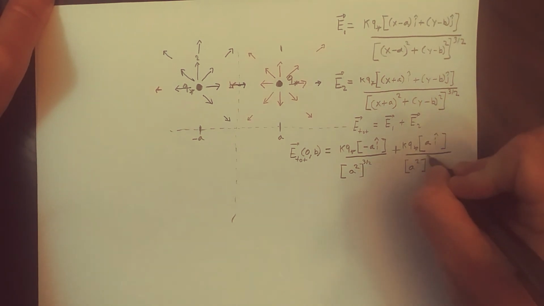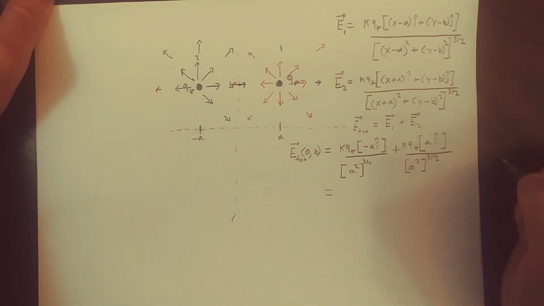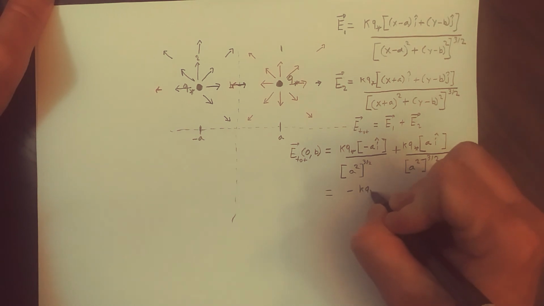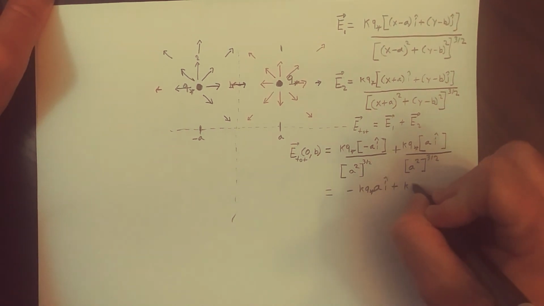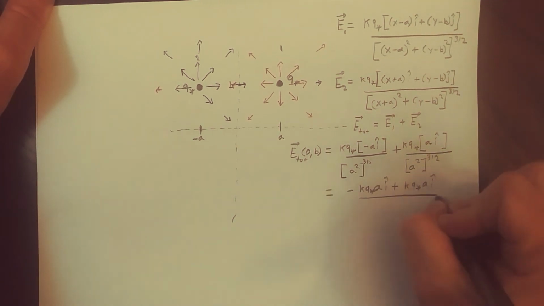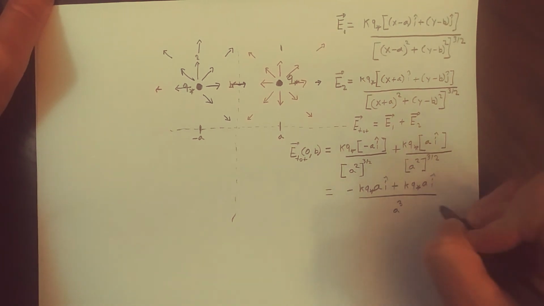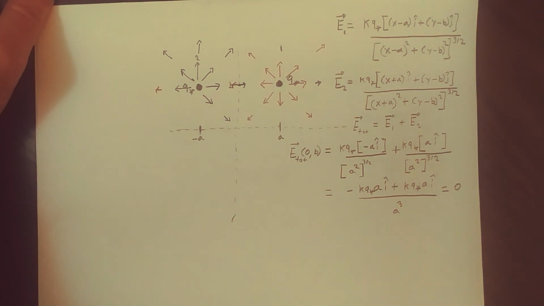We have the exact same thing in the denominator, and so we can add the numerators, and then we see that we have minus k q star a i hat plus k q star a i hat over, we can simplify that to a cubed. And in fact, the electric field there goes to 0 as expected.